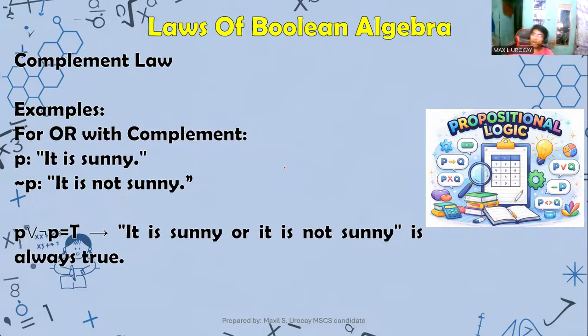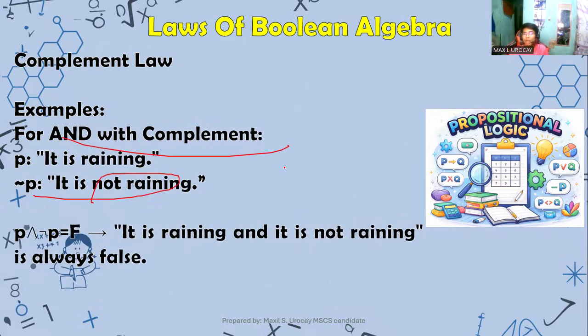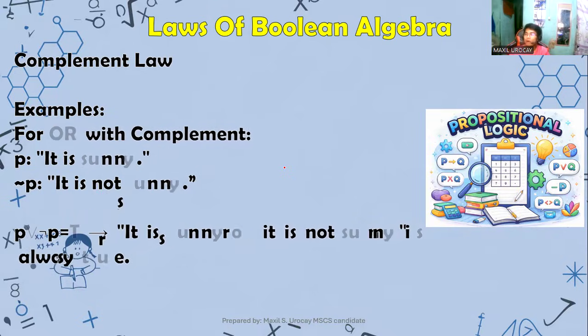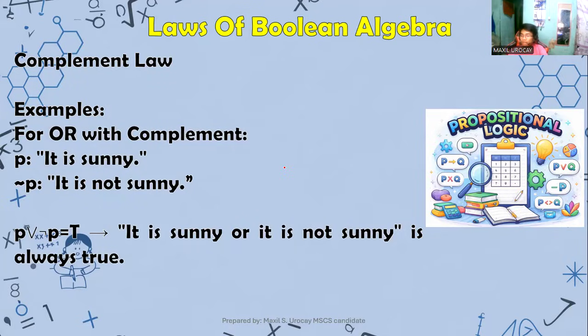So the complement law here, if you are quantifying that it is raining and it is not raining, the answer will be false. And what is the false statement? That is, it is not raining. Okay? Now here then, or with complement, it is sunny or it is not sunny will always be true. So therefore, the true statement is, it is sunny.